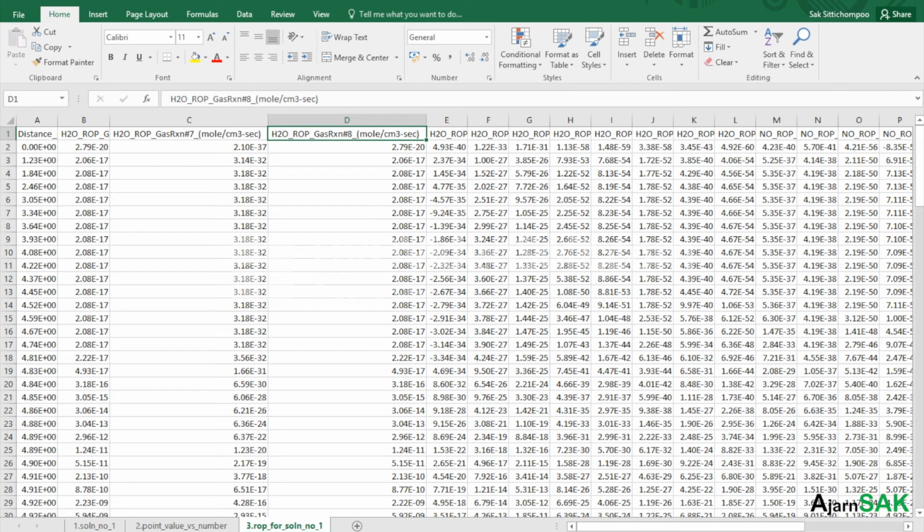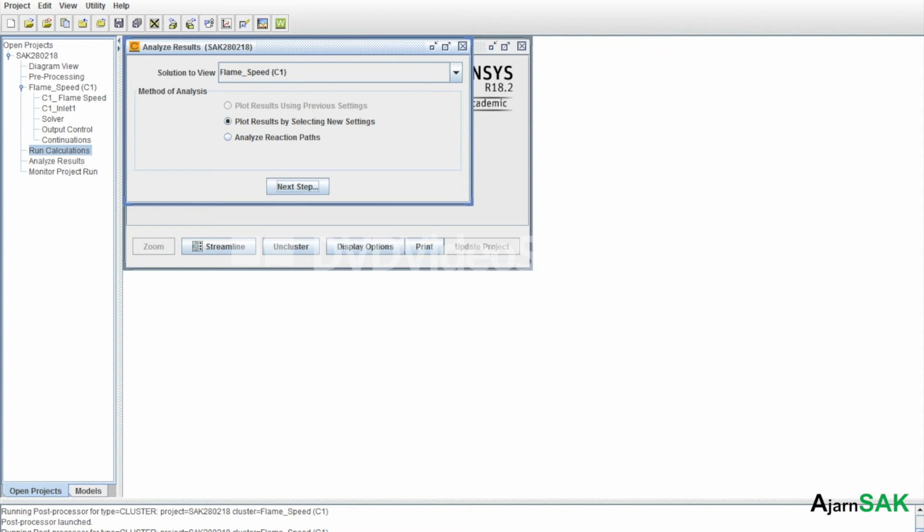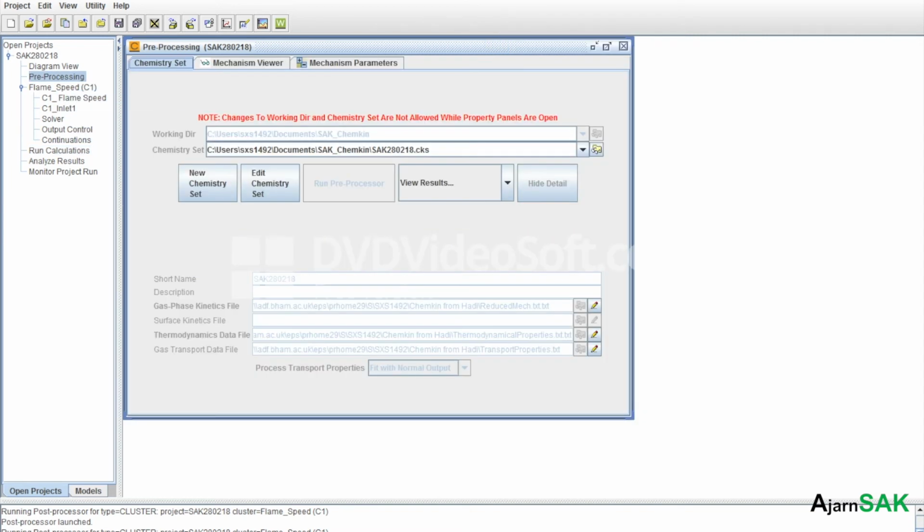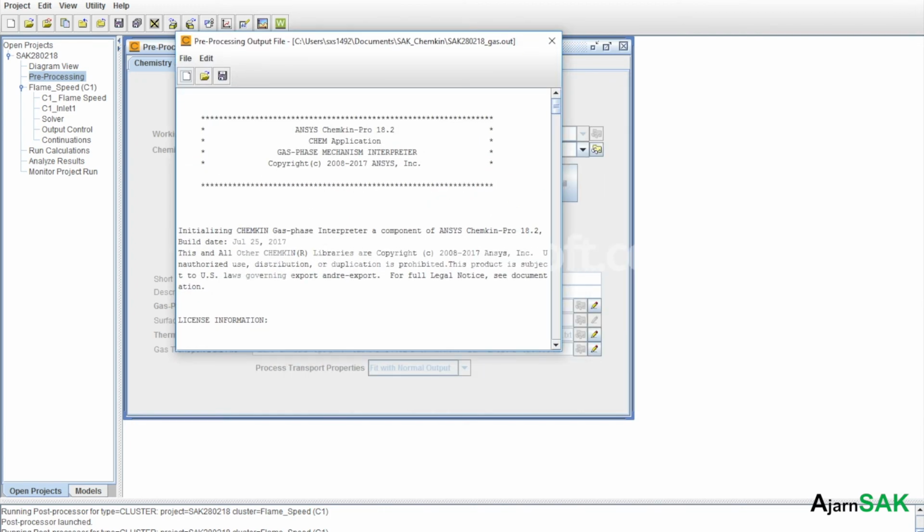Reaction number 8. You can go see what reaction number 8 is. Go to pre-process, view results, gas phase kinetics. So what's your reaction number 8?